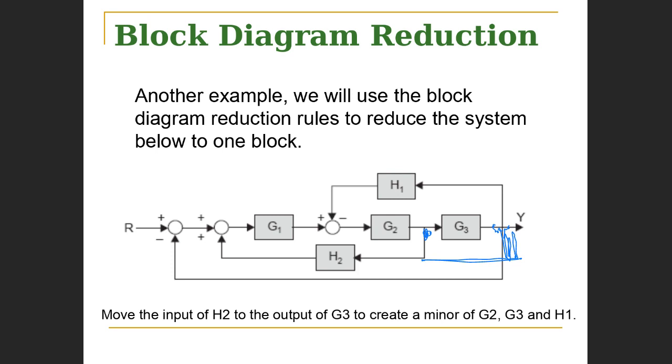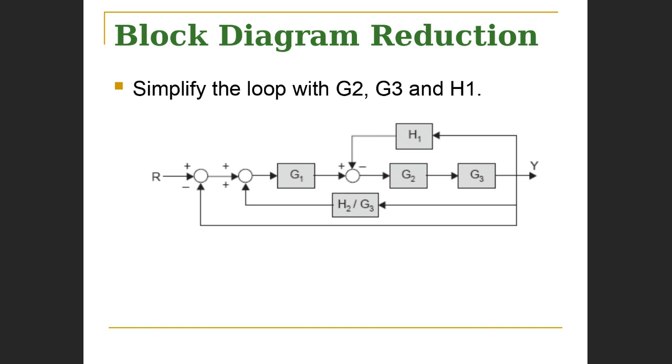We want to cancel that effect. So we now need to divide by G3. All right, remember that rule? That's what we're seeing right here. Is that okay? Yes, sir. All right, good.